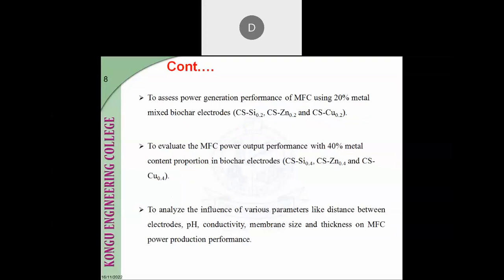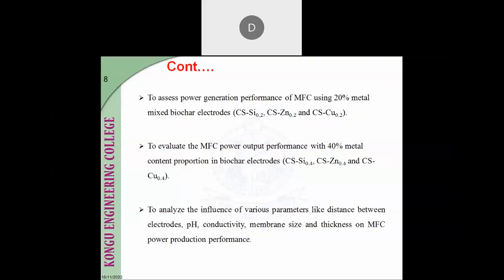And also, to analyze the power generation performance of the microbial fuel cell using 20 percent and 40 percent biochar metal mixed electrodes.